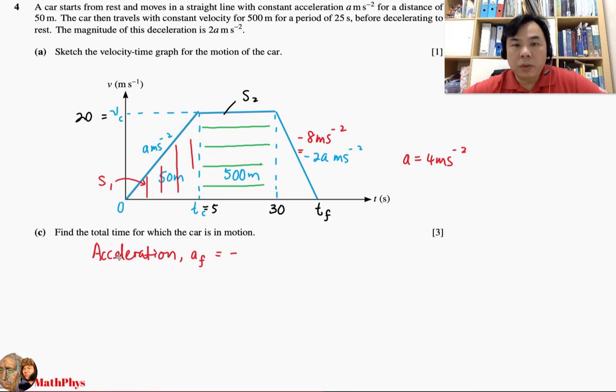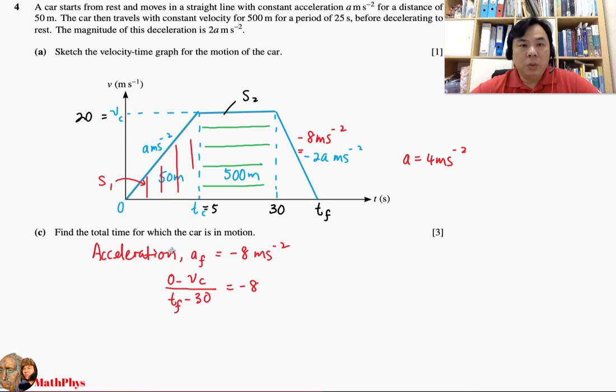So acceleration for the last section is equal to negative 8 meter per second square. All right, now I hope that is clear. And then this acceleration can be given by the rate of change in velocity. In this case, it should be 0 minus Vc divided by this time duration, which is Tf minus 30. That should give us negative 8.